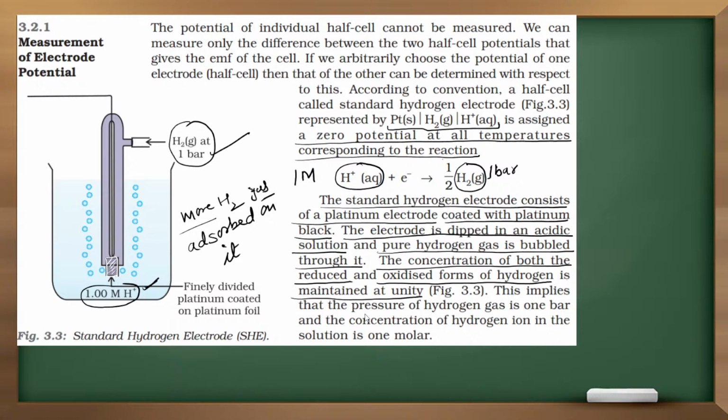This implies the pressure of the hydrogen gas is 1 bar and the concentration of hydrogen ion in the solution is 1 molar. So that is the representation of the standard hydrogen electrode. In short, it is called SHE, and its E naught value is 0.00 volt.